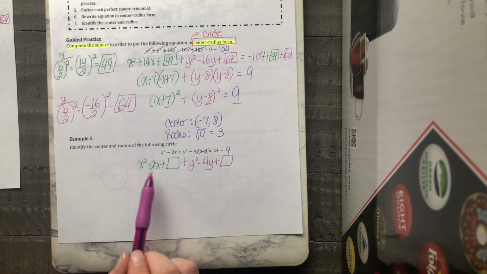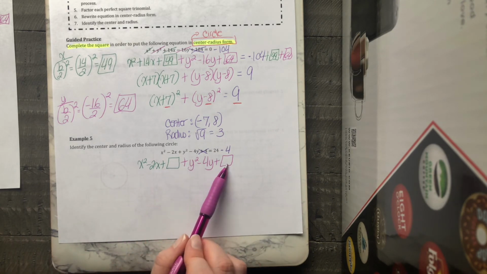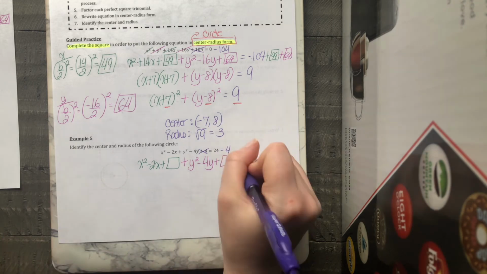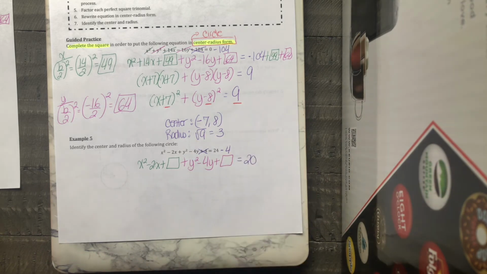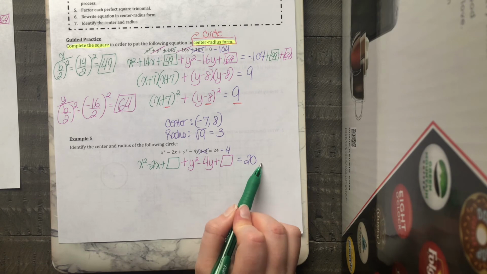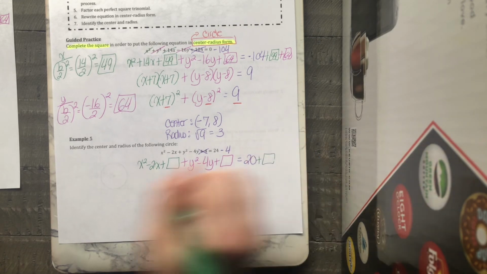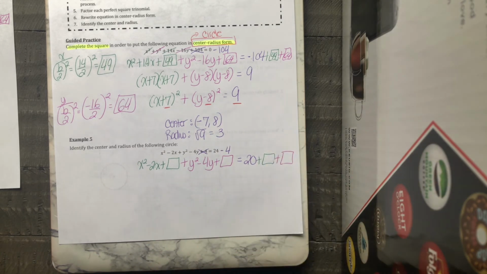Again, I have to have a trinomial, which is 3, and I don't have that right now, so I'm leaving room. And then that's going to equal, well, 24 minus 4 is just the number 20, all right? And don't forget, whatever I do to one side, I have to do to the other. So I'm going to add my green on both, and I'm going to add my pink on both.